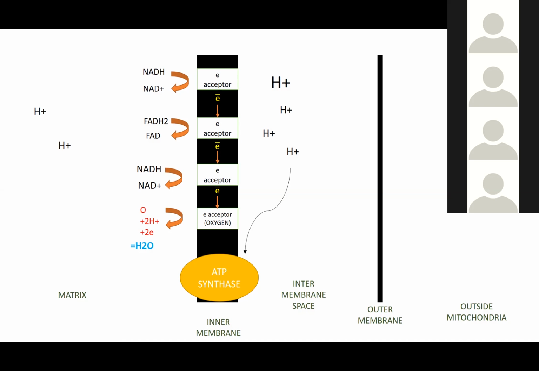As they cross ATP synthase, they generate ATP. One H plus will cross this enzyme, and in return, this enzyme will add a phosphate to ADP to make ATP. These are just a few that I have represented here, but we actually have a lot. So every time an H plus goes through, we have an ATP.